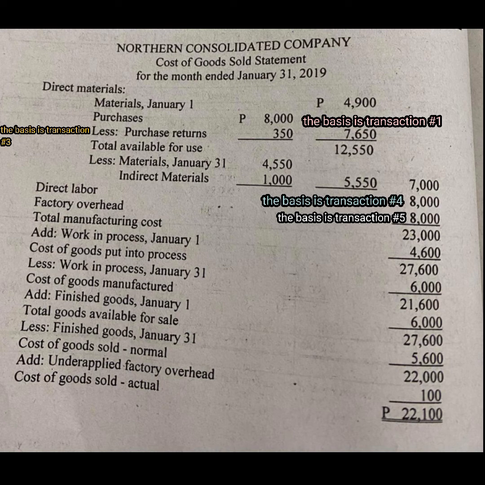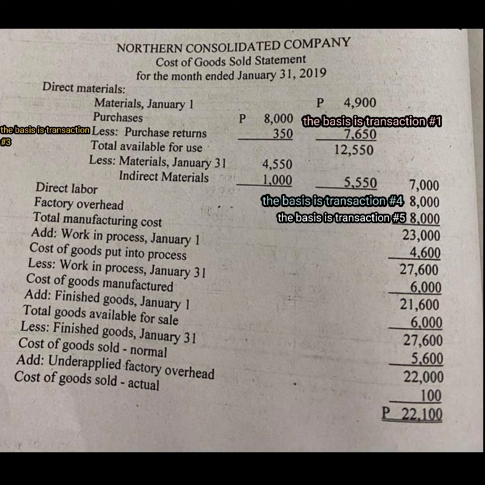So, 4,900 pesos plus 7,650 pesos, we have 12,550 pesos, and that is the total available for use. So, less materials, January 31, amounted to 4,550.